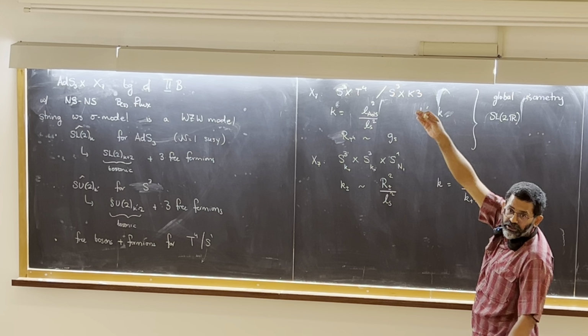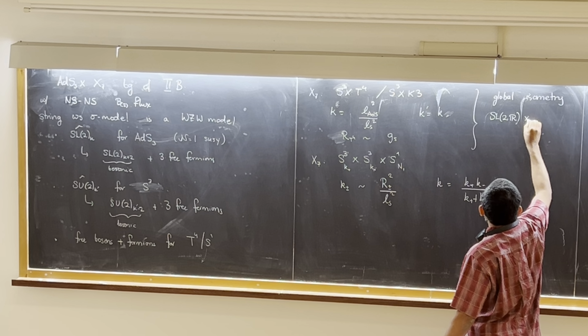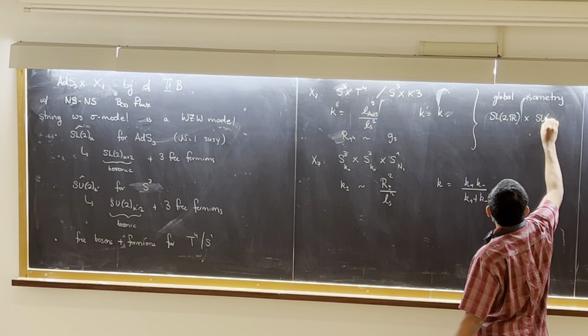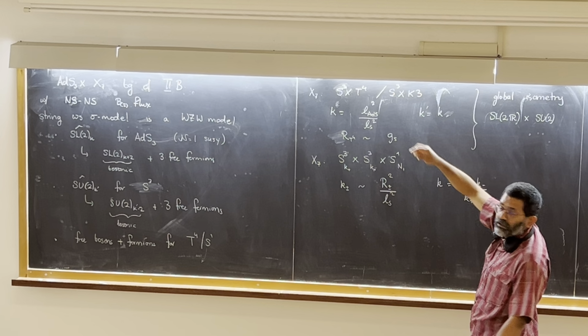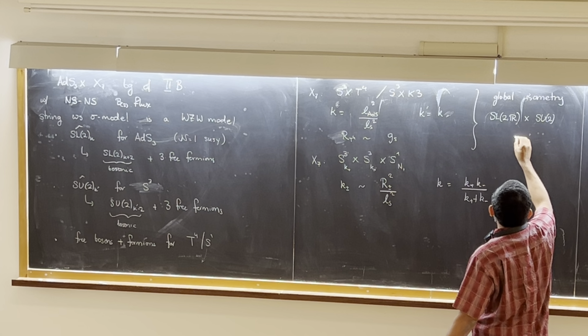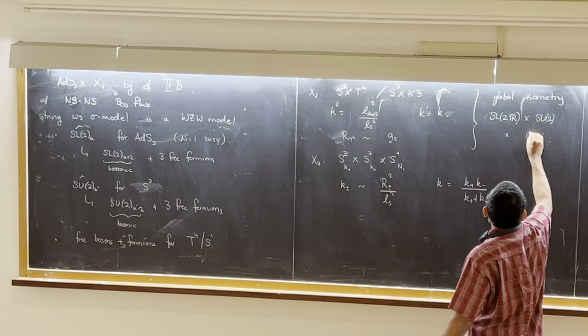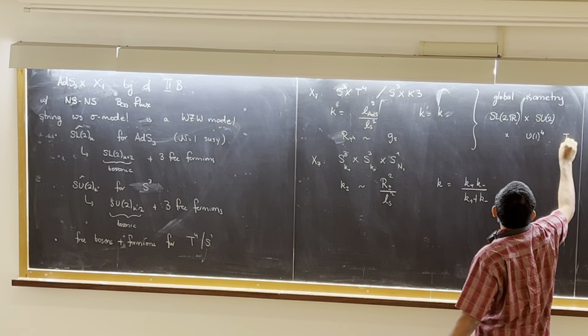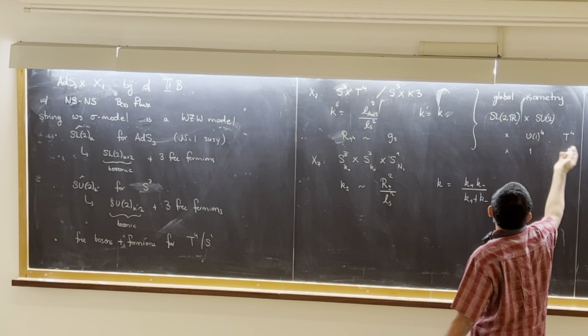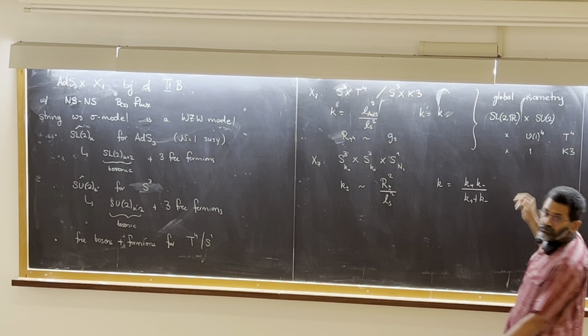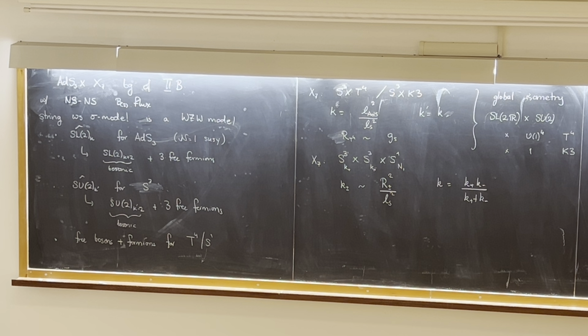Is SL2R for the AdS3 and SU2 from the S3. And if you have T4, then you have a U1 to the 4. If you have K3, you have no additional isometries. K3 generally has no isometries at generic points in its moduli space.